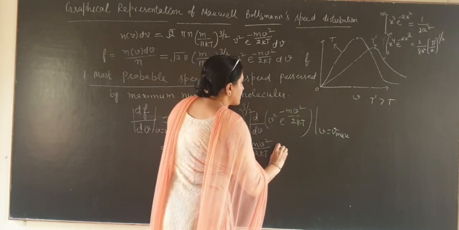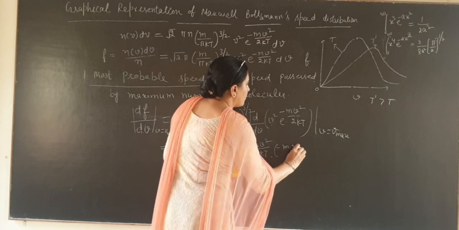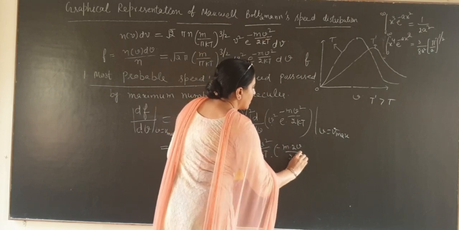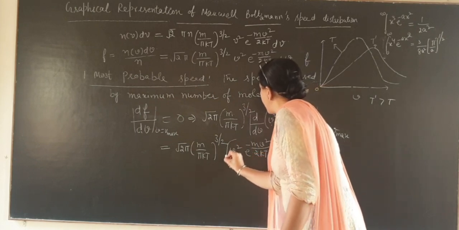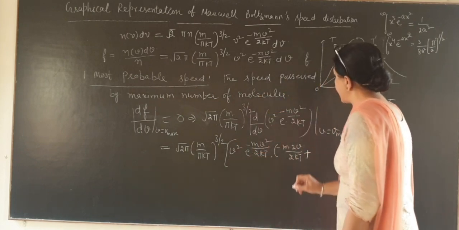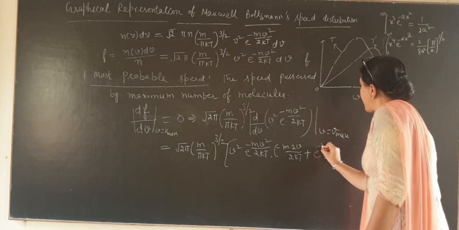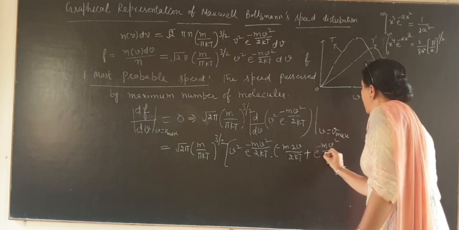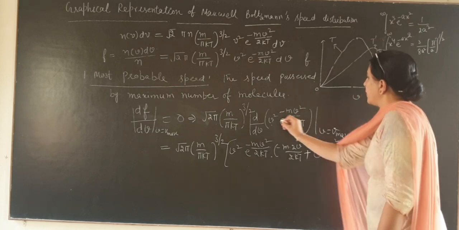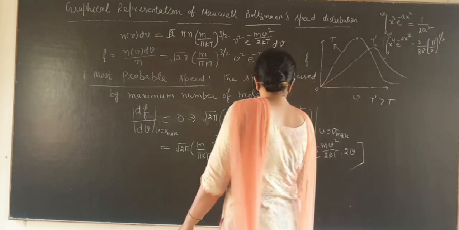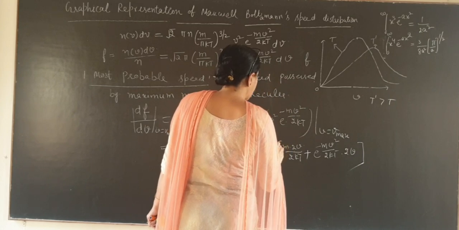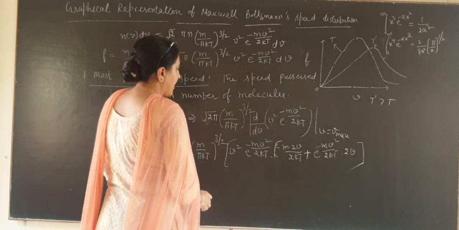The derivative of this is minus m into 2v upon 2 kT. This is the derivative of the first term, plus e raised to power minus m v square upon 2 kT into the derivative of v square, that is 2v. So this is the derivative.